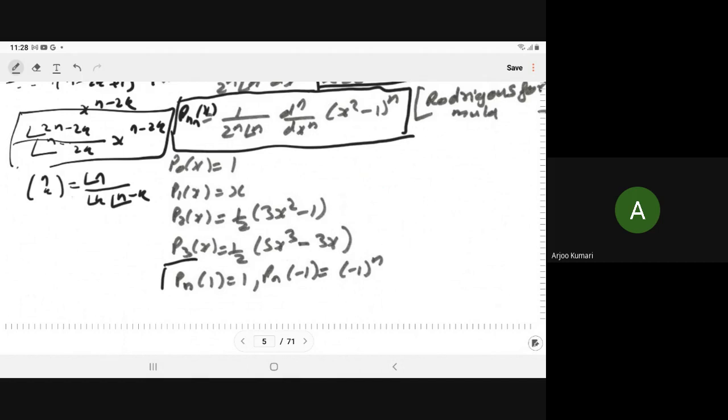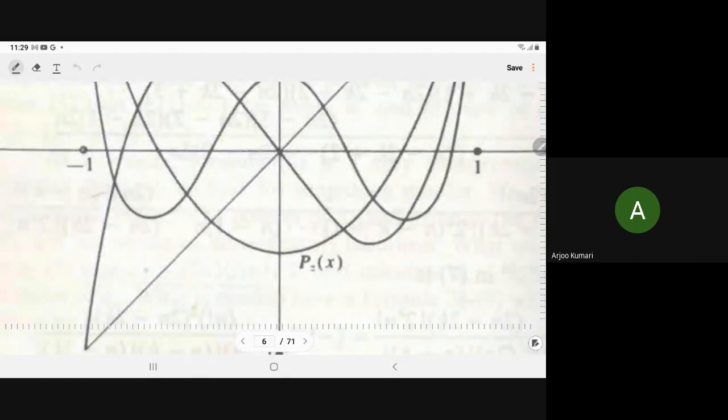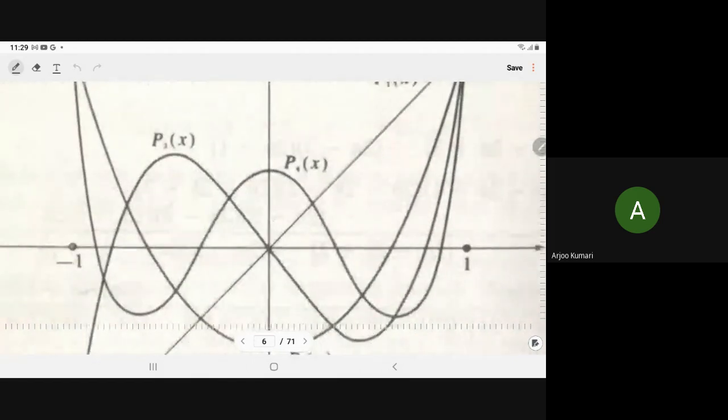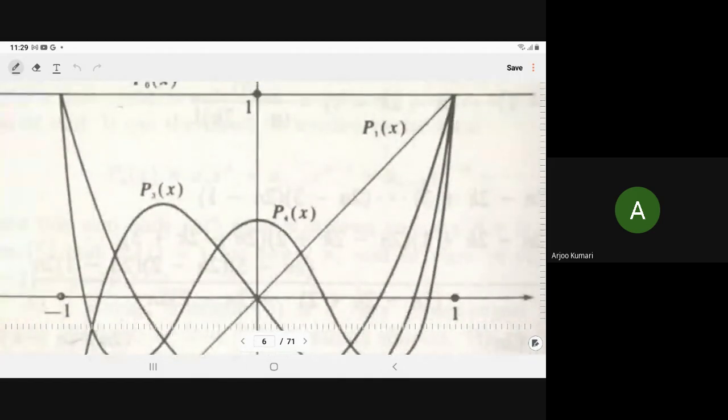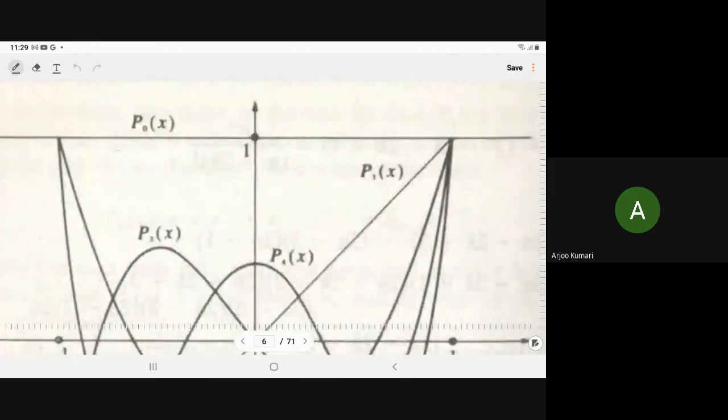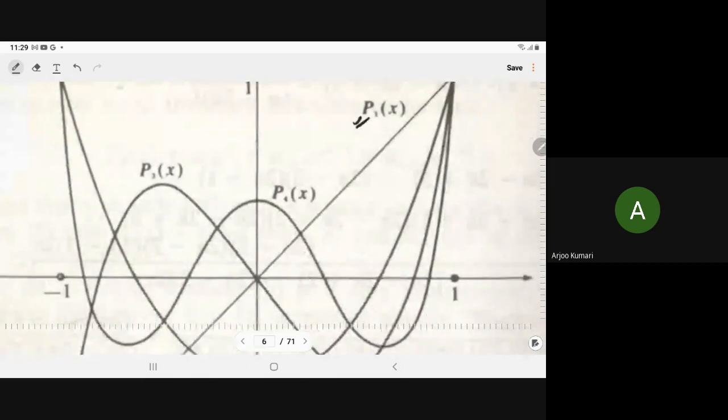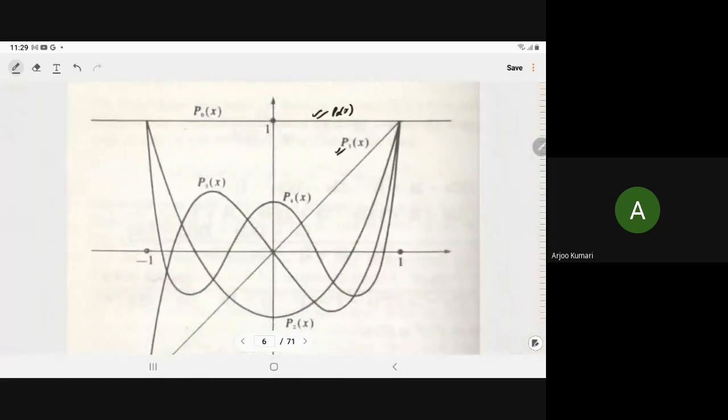P_0 is equal to 1, that is a constant, right? Here you can see the graph: this is the graph of P_0(x). That is the graph of P_1(x), a straight line. Then P_2(x) is parabolic. And similarly, we have graphs for P_3, P_4, P_5, and so on.